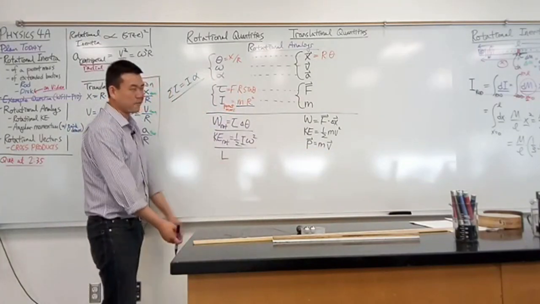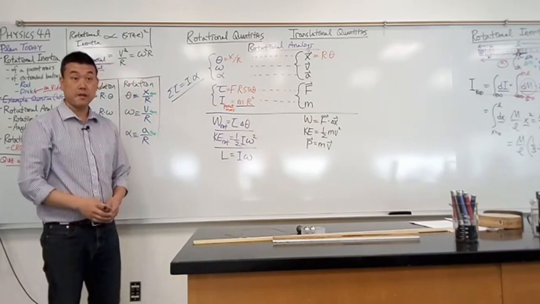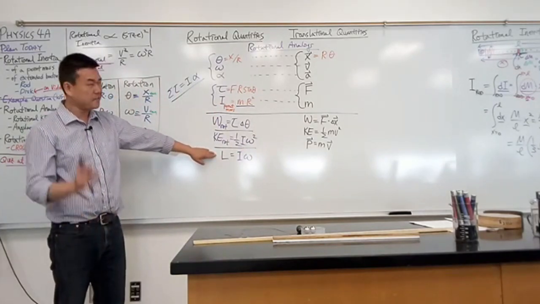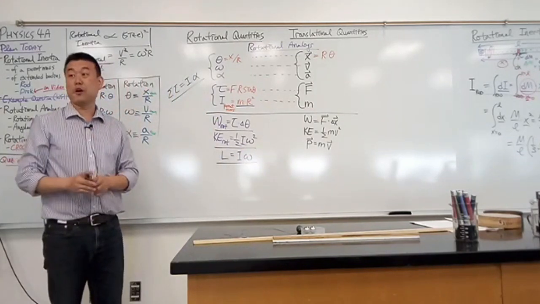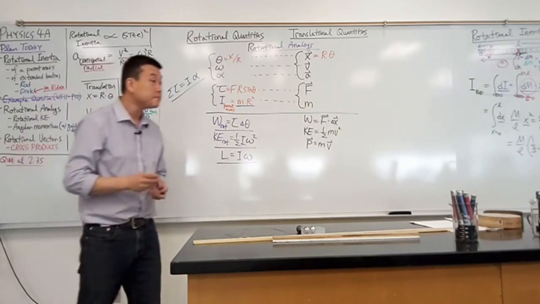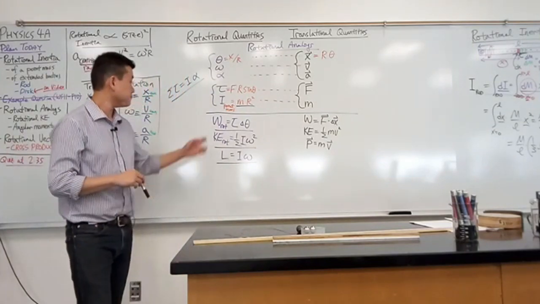So I might say angular momentum is rotational inertia times angular velocity. And this is pretty close to true. It's true almost all the time. There are some exceptions that you can come up with, but that's what we'll talk about on Thursday. Good? Yeah?